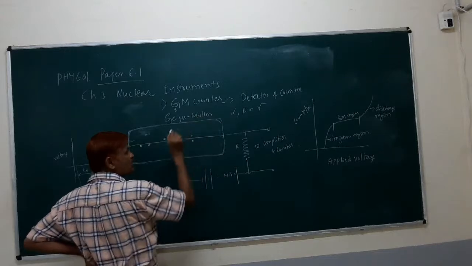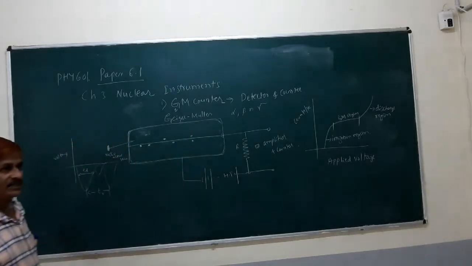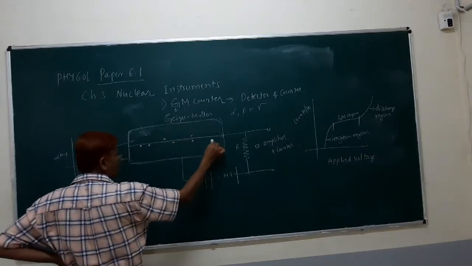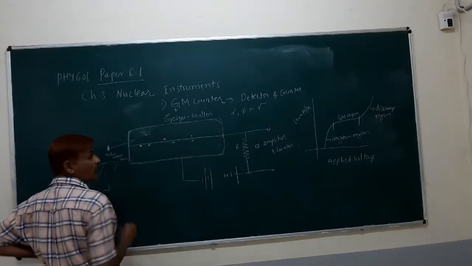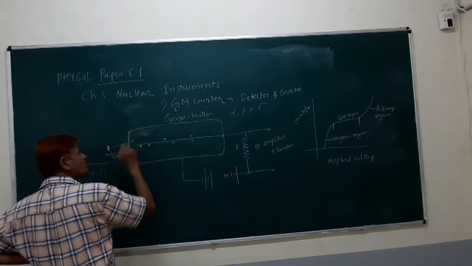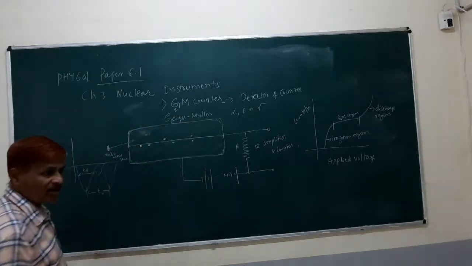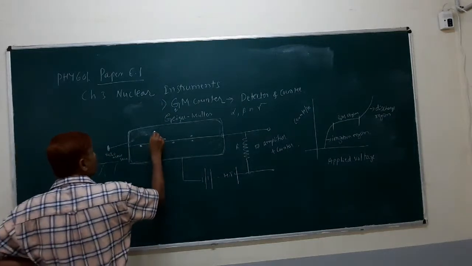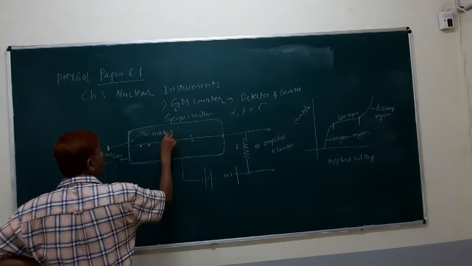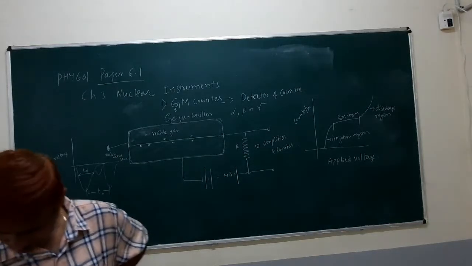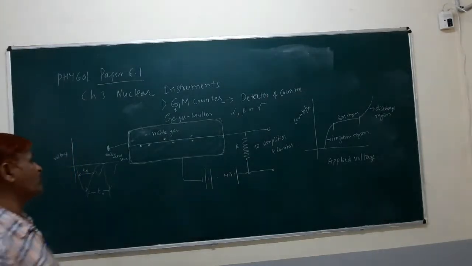Geiger-Muller counter is a gas filled detector where this envelope, this glass tube, is filled with noble gases like argon, and the pressure is around 10 centimeter of Hg.